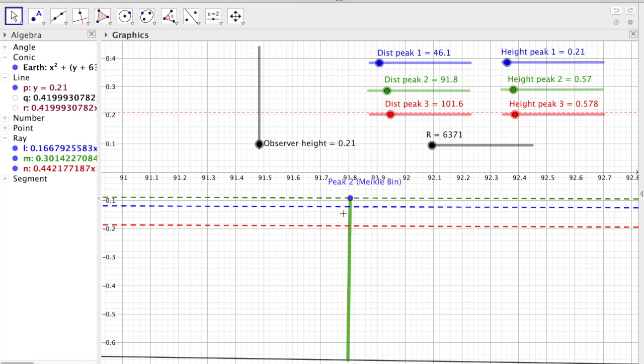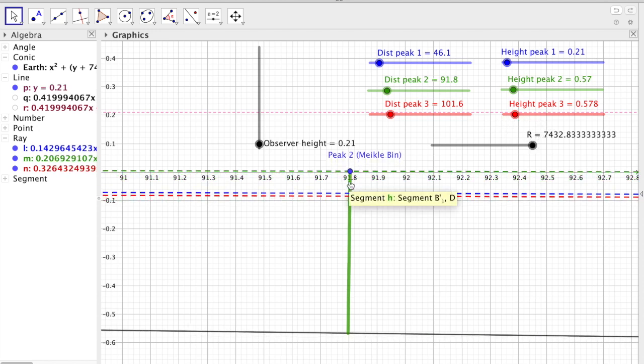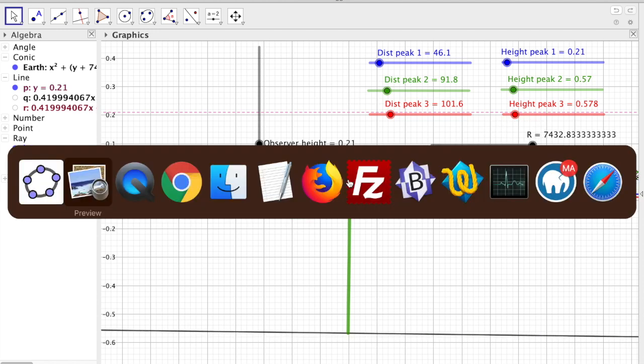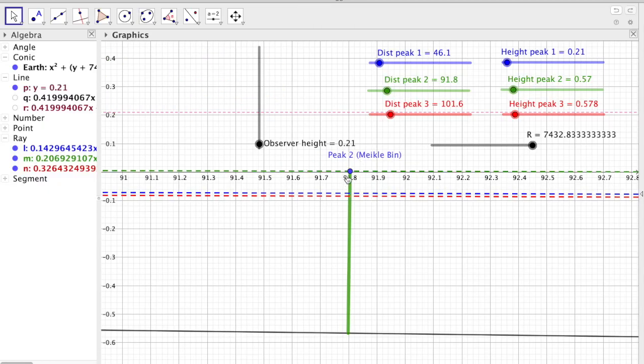So we see that Michael Bin is slightly above the line to the towers, but if we take into account refraction, we see that this actually matches reality a bit more. For an object being 100 kilometers away, this is actually quite a bit. And we see that it matches more when we take into account refraction.